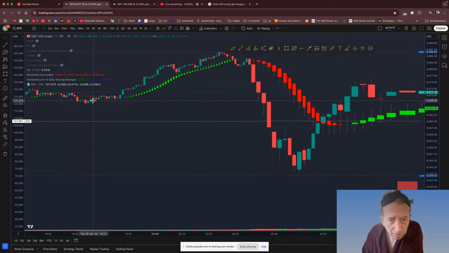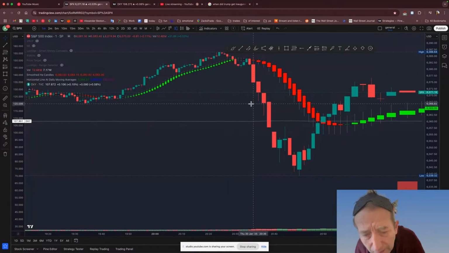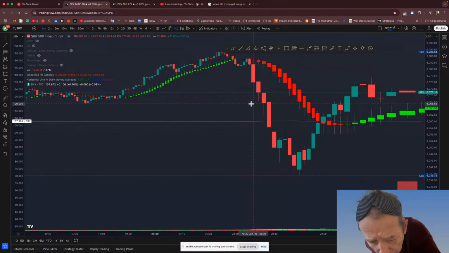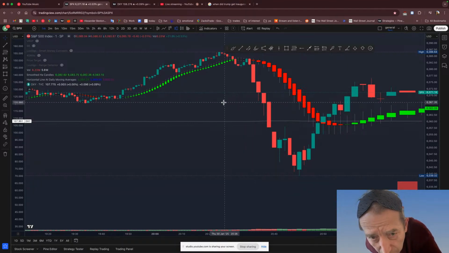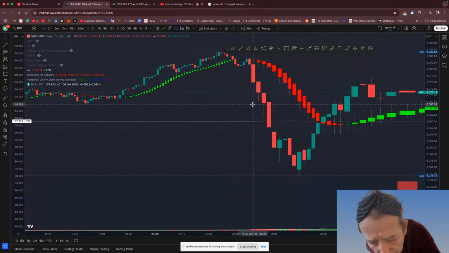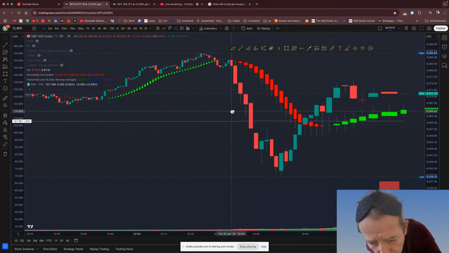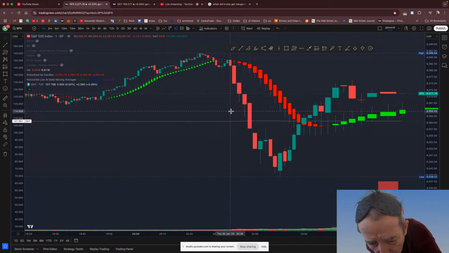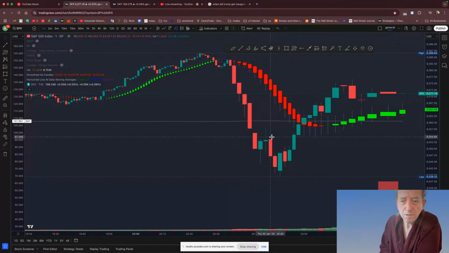So this rise actually wasn't, that's in these 30th, late night selling. The market would have closed around here.